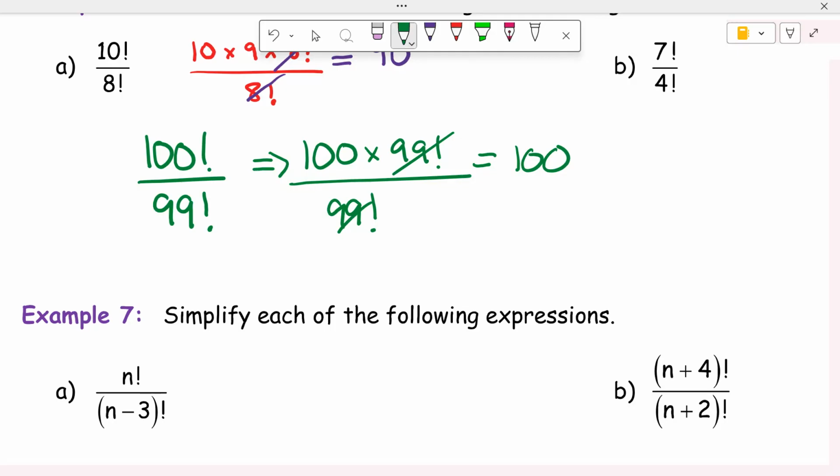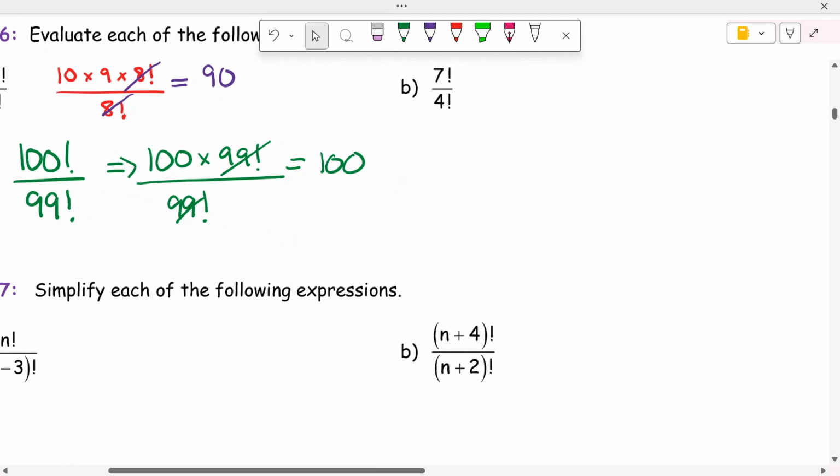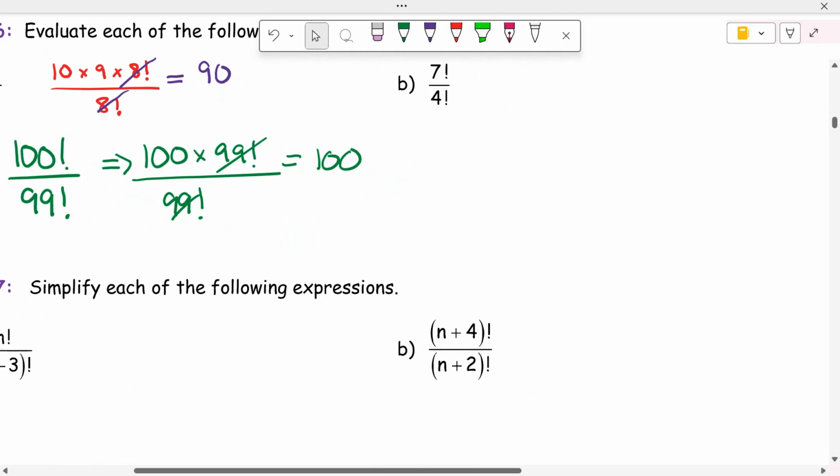It's a calculator, so it doesn't understand that it can simplify. What it tries to do is 100 factorial, and then the brain explodes. That's typical diploma stuff, because they want to see if you understand.